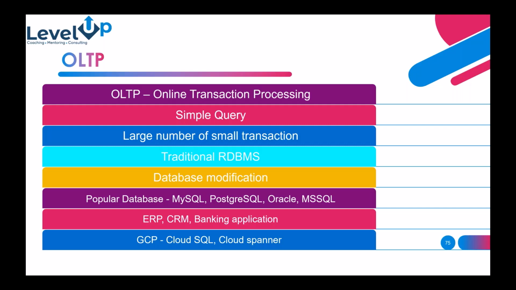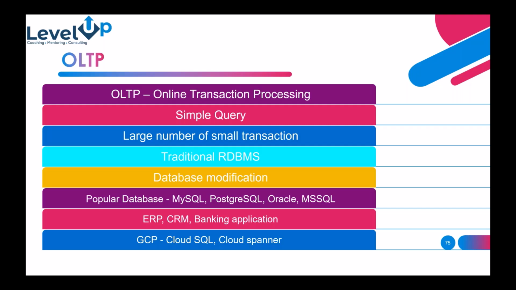Now the most popular databases used in the market for OLTP are MySQL, Postgres, Oracle, SQL Server. There is Amazon Aurora that is widely used now, and there are a couple more, very few. These are the most popular databases, used for ERP, CRM, and banking applications.